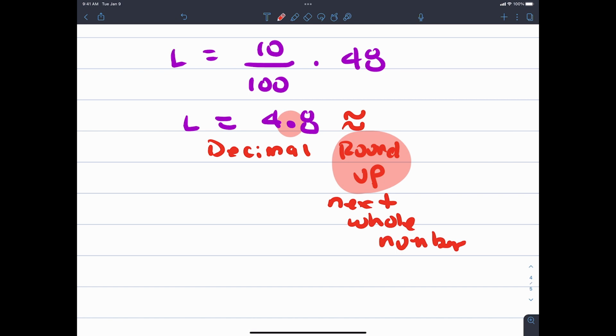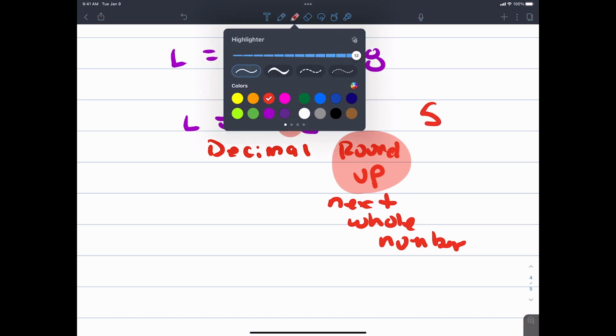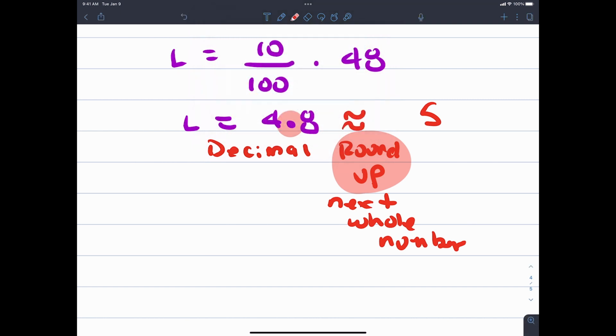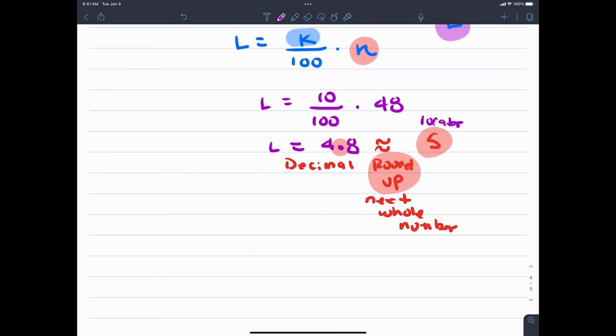What is that number? 5. So Al is what number? 5. This is your locator. All right, you guys okay with that? It's your locator.